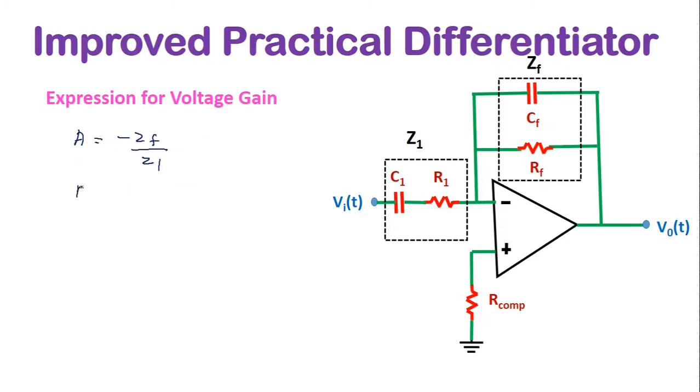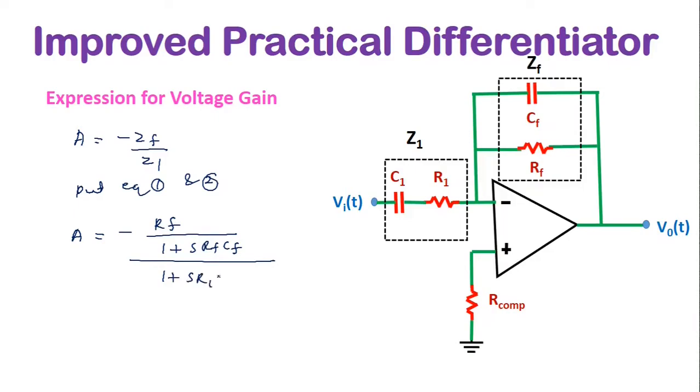Now we put equation number 1 and 2 in this equation. We get gain A is equal to minus of RF whole divided by 1 plus S into RF CF, divided by Z1, which is equal to 1 plus S into R1 C1 divided by SC1.